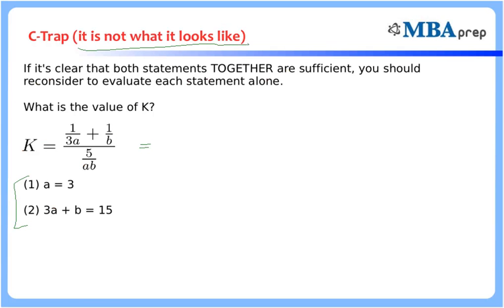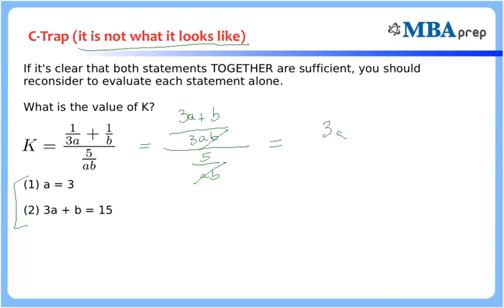But sometimes if you try to go a little bit farther, so 3AB, I get here, as I said, 3A plus B, and in the denominator 5 divided by AB.